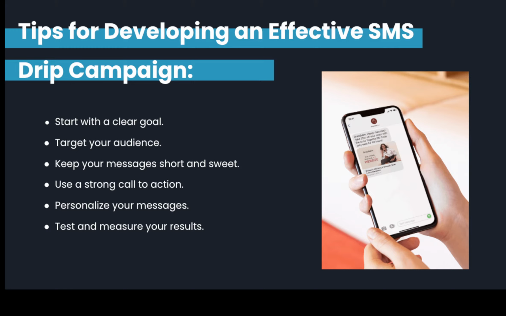So this is an important section. Use a strong call to action. This is the meat of your campaign. How do you tell your recipient what you want them to do? Is it to visit your website, to sign up for your newsletter, or to make a purchase? You want to make sure to be precise in your messaging content when asking customers to take action.